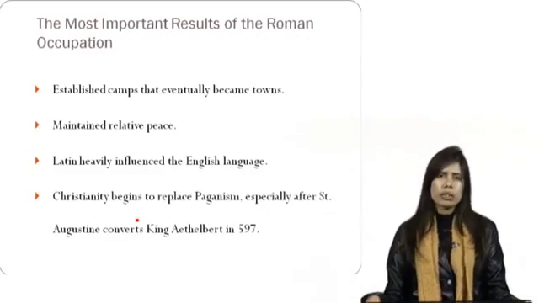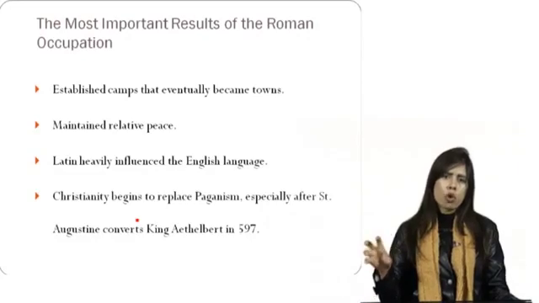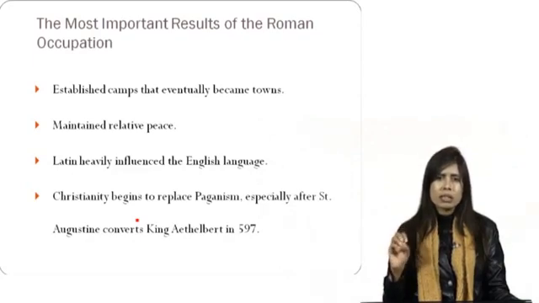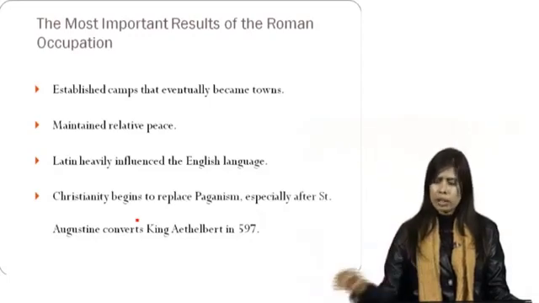So here you can see that it was Rome who first conquered Britain in 55 BC with the arrival of Julius Caesar on their country, and these are the effects of their rule over England.